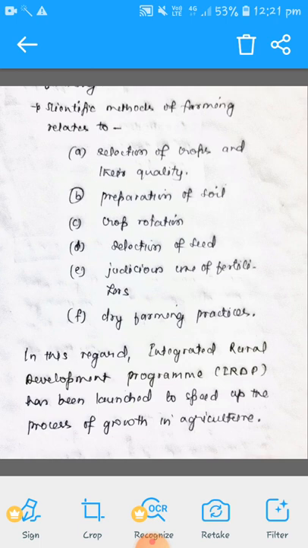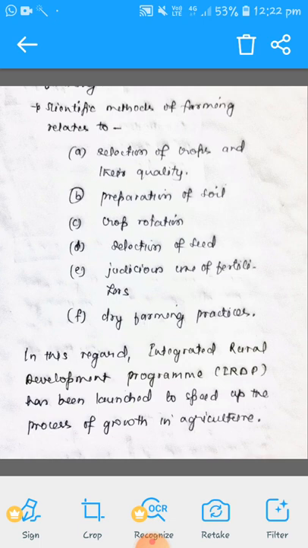Selection of seeds is also there. Then judicious use of fertilizers. If we use fertilizers in excess quantity, it will not have any use for the plants, and it will even degrade the land.